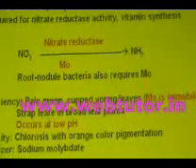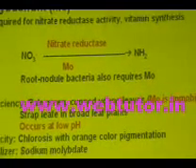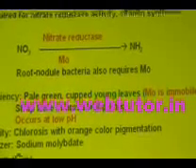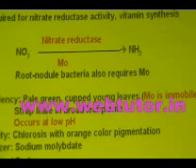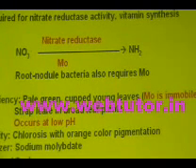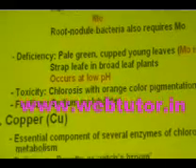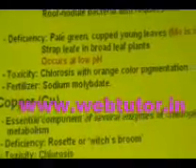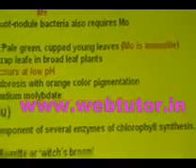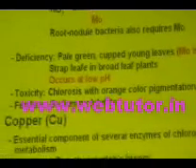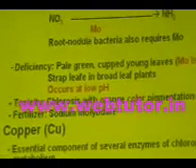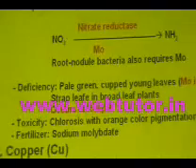It is required for nitrate reductase activity and vitamin synthesis. When nitrates have to be reduced to form ammonia or amines, molybdenum is required as a cofactor or coenzyme. Root nodule bacteria, in leguminous plants, when they take in atmospheric nitrogen and convert it to nitrates, that's when they require a lot of molybdenum.